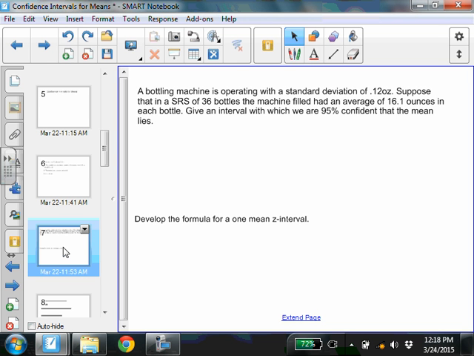That is the population standard deviation. That's sigma, because that is what the machine is operating with. That's not the standard deviation that we found in our sample. That is the actual standard deviation for the machine. Suppose that a simple random sample of 36 bottles the machine filled had an average of 16.1 ounces in each bottle.